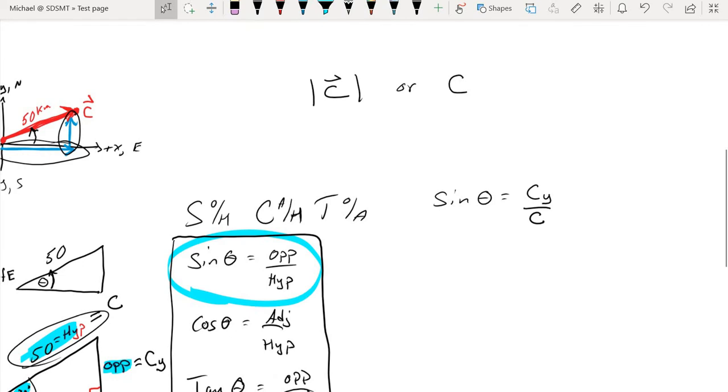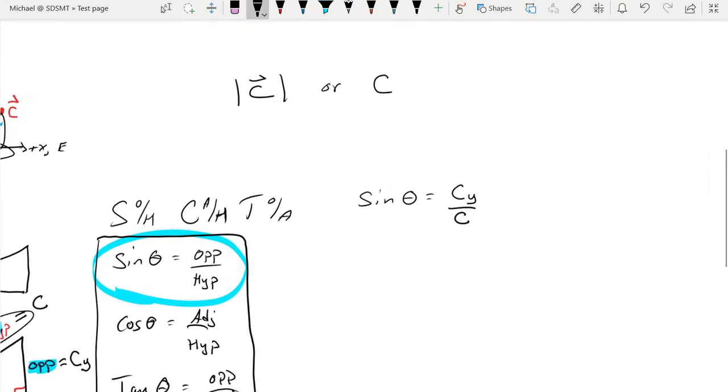All right, so now the algebra takes over. We can multiply each side by the magnitude of vector C. And we can plug values in. We have a magnitude of 50.